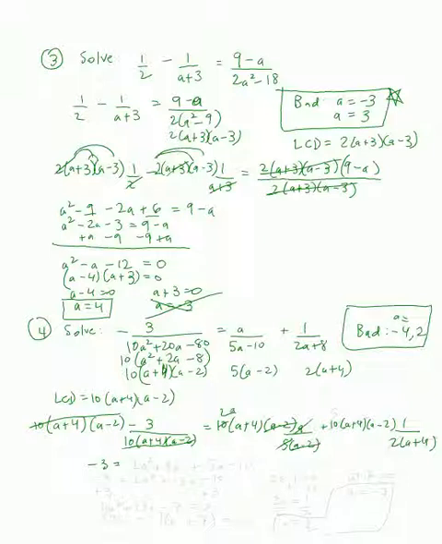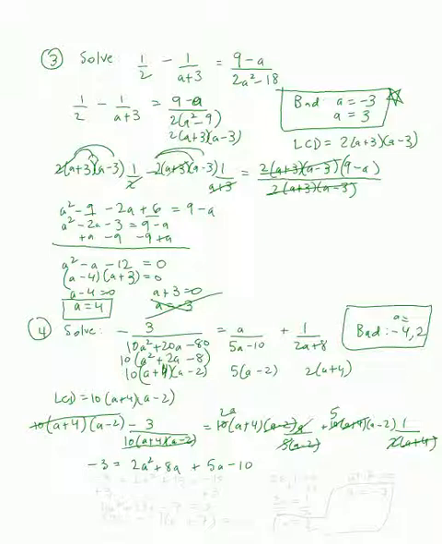So 2a times a plus 4 is 2a squared plus 8a. Now over here, the a plus 4 is gone, and then we have a 10 over 2 that gives me 5. So 5 times a minus 2 is 5a minus 10. Again, much nicer to look at, right?